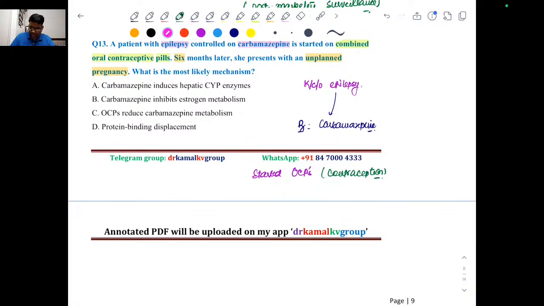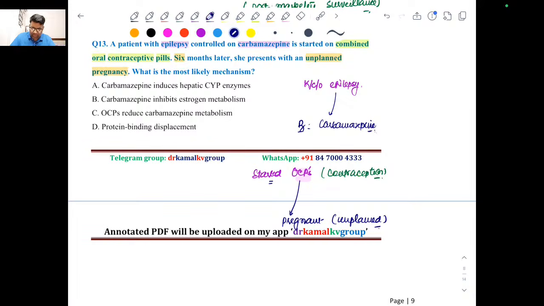Now, what is the reason that despite taking OCPs, the lady became pregnant? And yes, it's unplanned. So, how is the lady getting pregnant despite taking OCPs? Again, this is a very basic question. So, what is happening here?